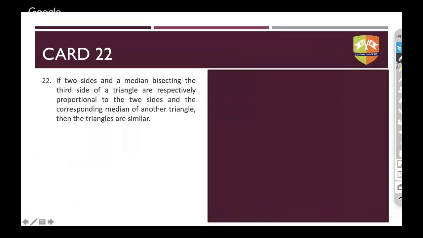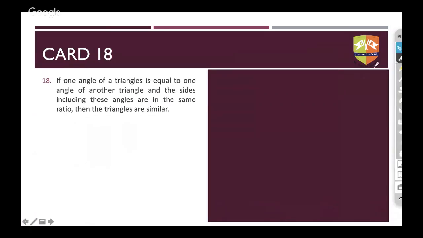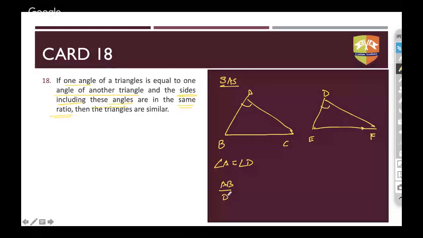So now, next is, oh, sorry. Let me first go back to the right slide. Yeah. If one angle of a triangle is equal to one angle of another triangle, and it's given that AB upon DE is equal to AC upon DF, right?